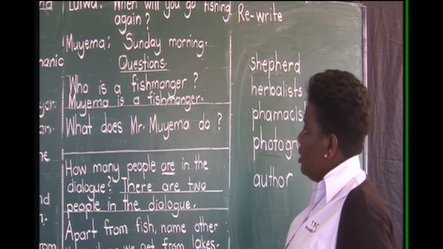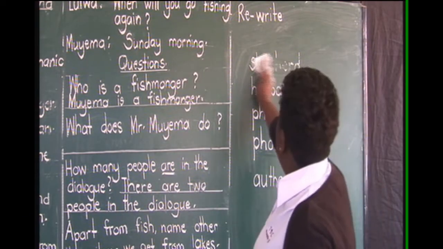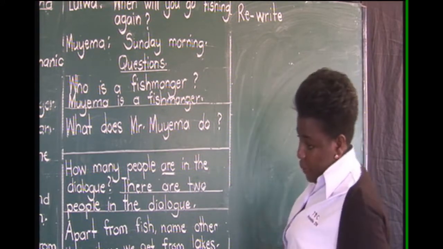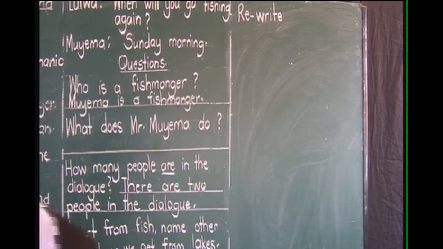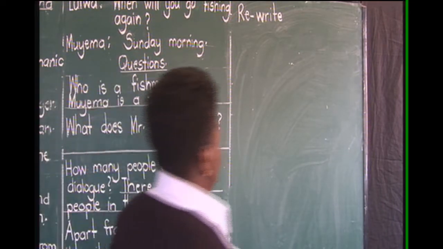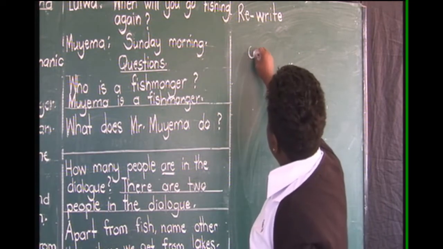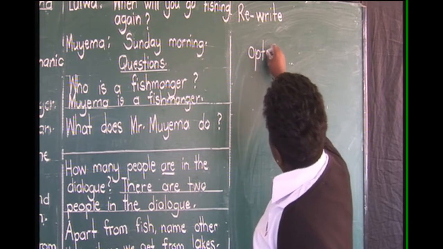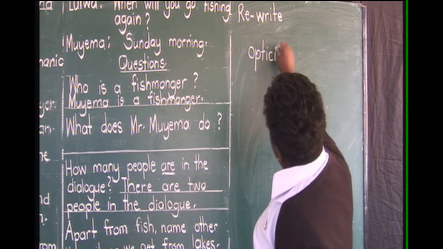We have two words that keep on confusing children like you. First, we have the word optician.